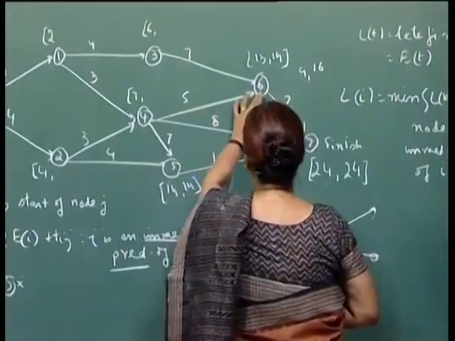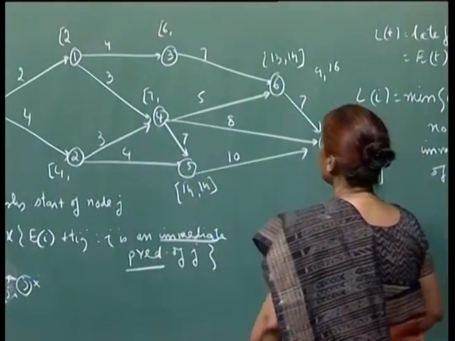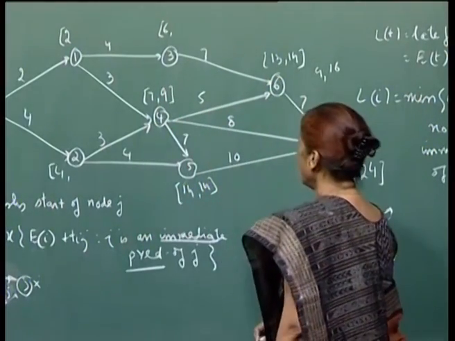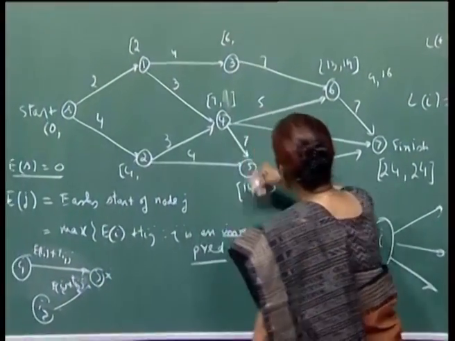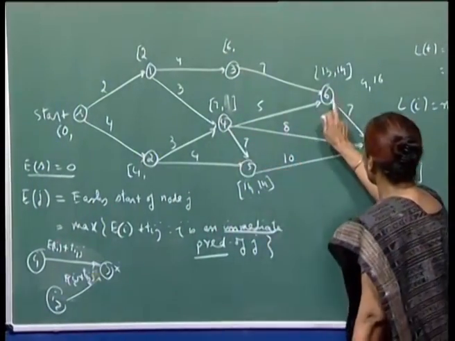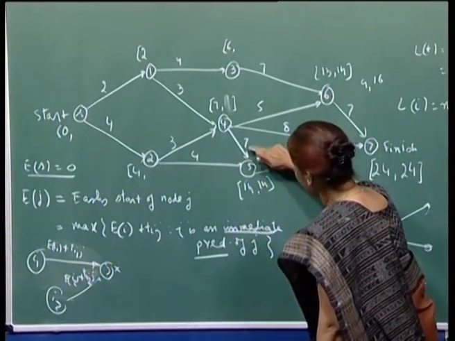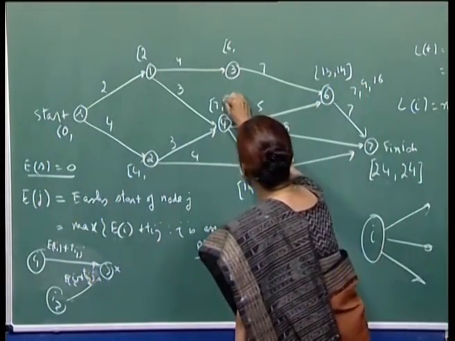So, these are the immediate successors of job 4, and so you have to take the minimum. Sorry, for 4 there are 3 immediate successors, 6, 7 and 5. So, for 5 it is 14 minus 7, which is 7. So, actually the minimum of these is 7. Therefore, this will be 7.